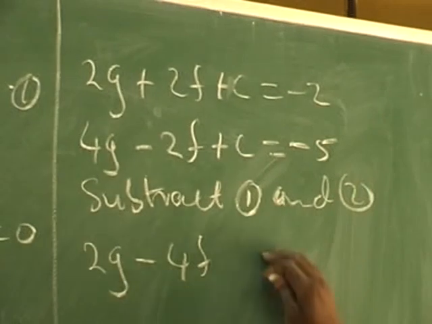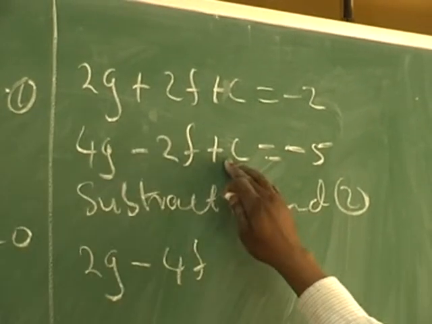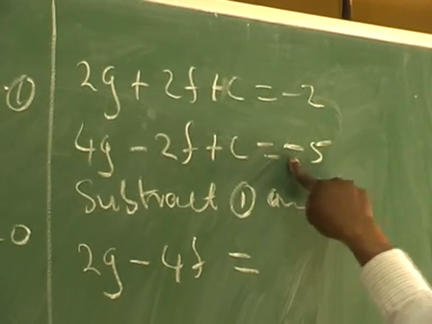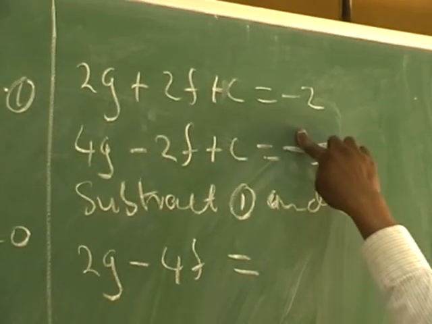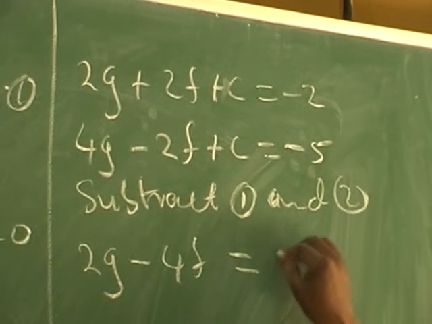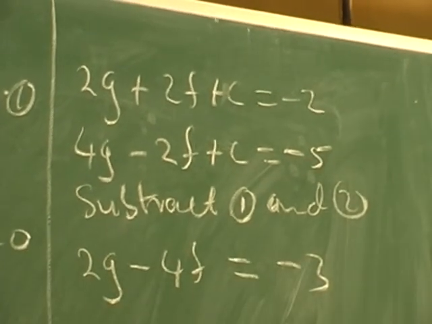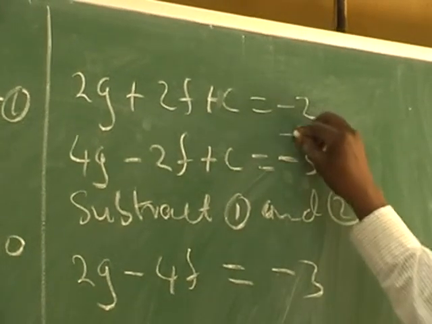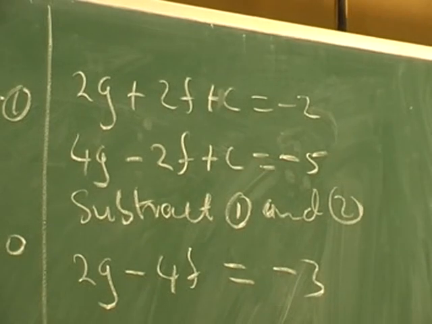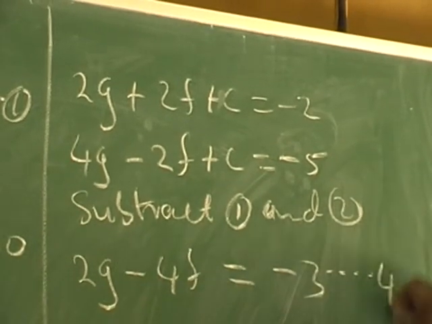Then c minus c will be 0. So we'll have here minus 5 minus 2. So we'll have minus 3, because minus 5 minus minus 2 will make this one to be plus. So we have minus 3. For this one, equation 4.